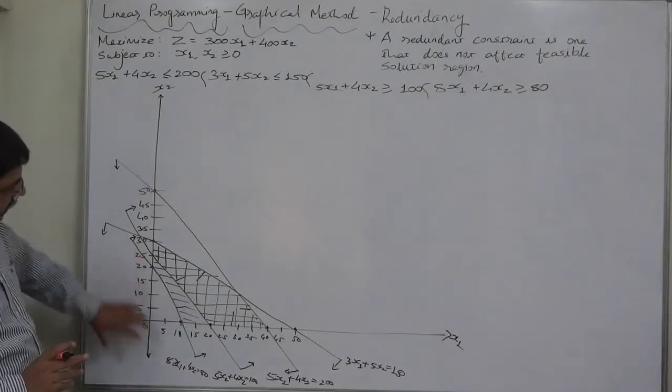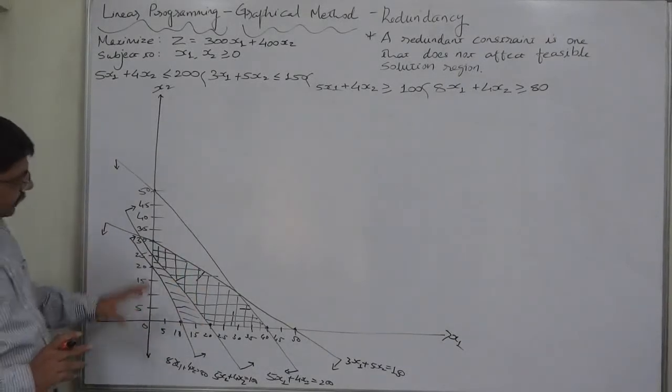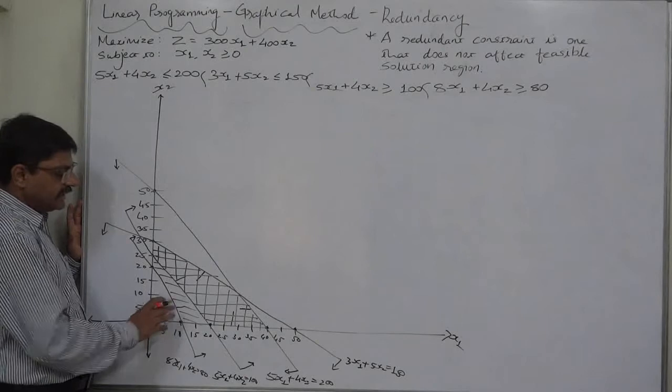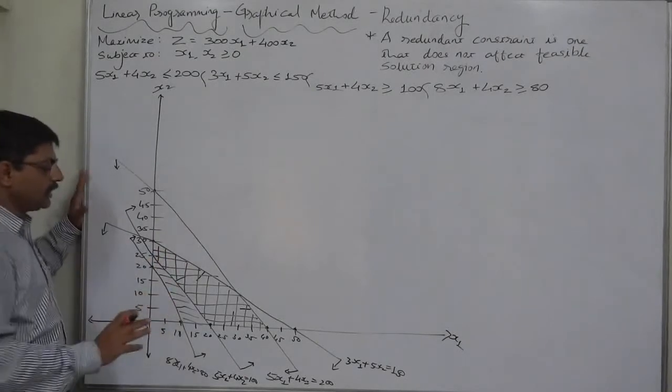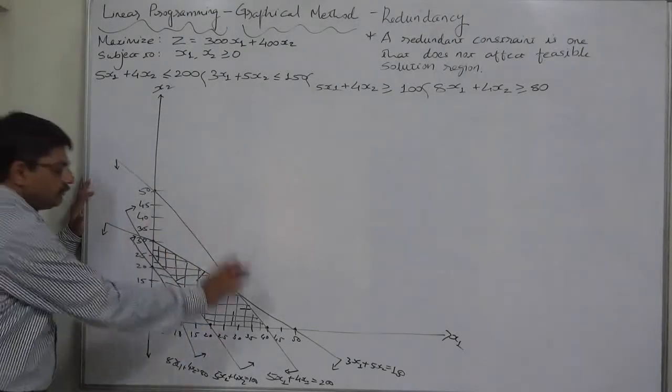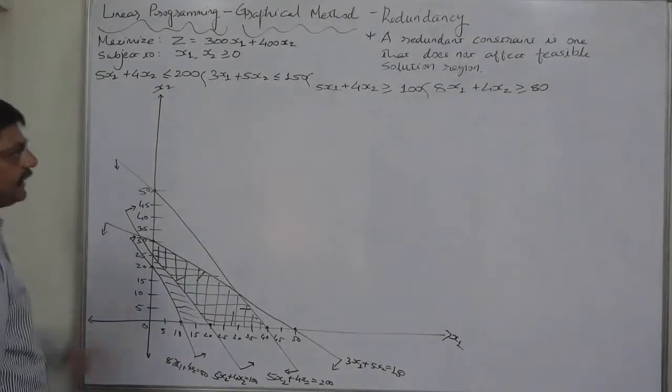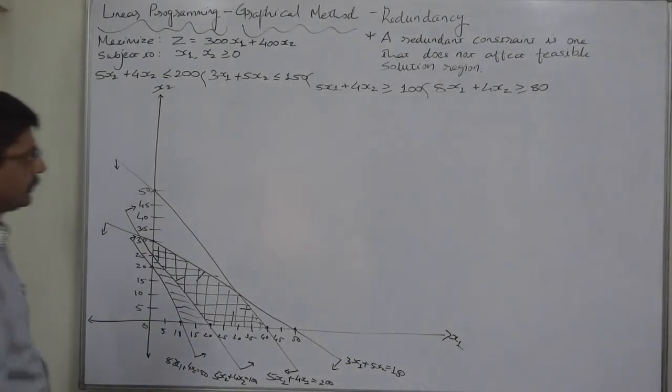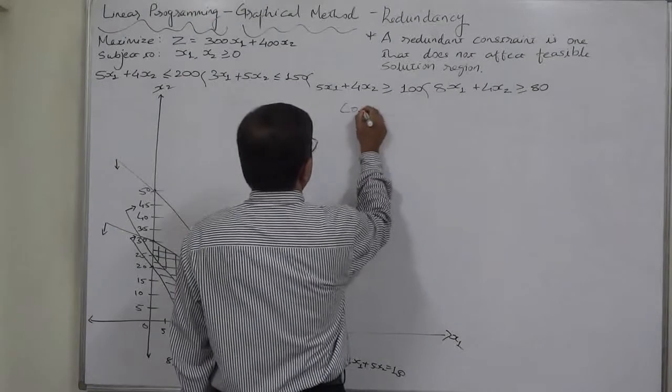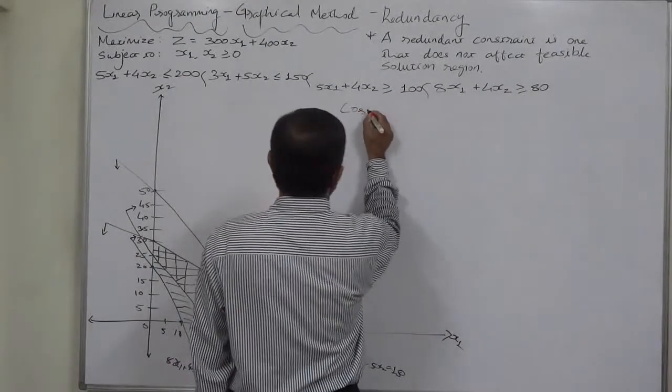At the time of learning, at the time of practicing, we were habituated to draw all the lines, to select all the possible area and to evaluate the objective function. Let's go for evaluation of the objective function.